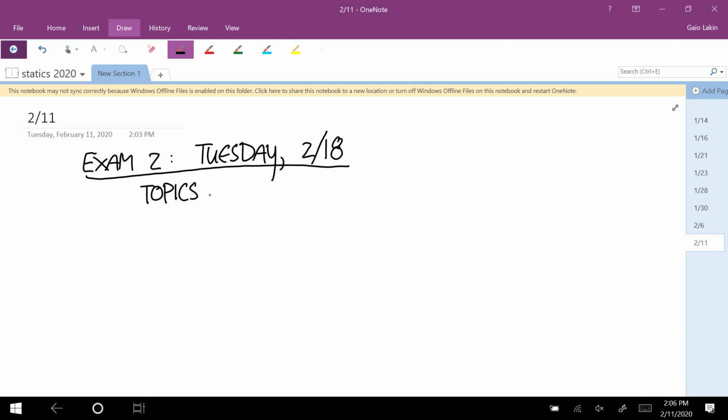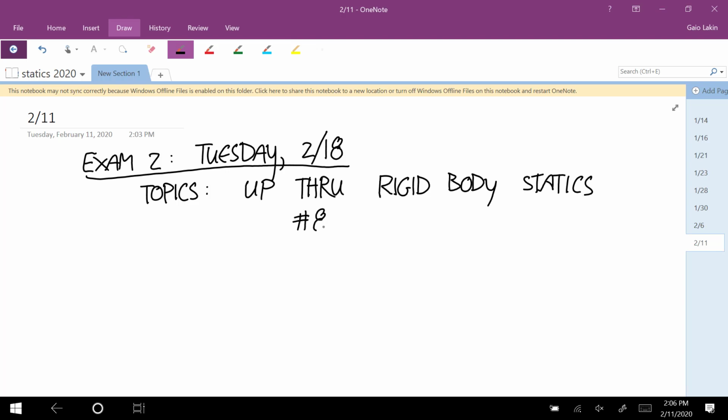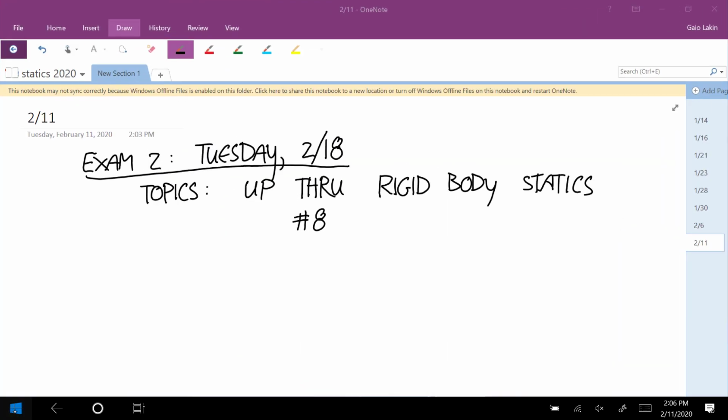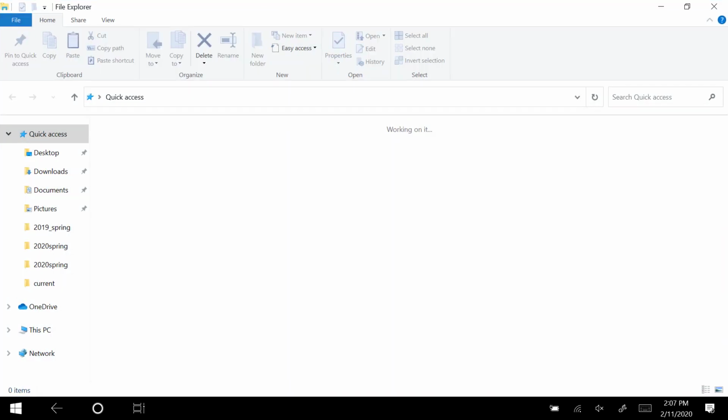So today, this will be up through 2D, well, I guess what it's called is rigid body statics. Number 8, that's the two-dimensional stuff. Number 9 starts with... I think that's what I just saw.